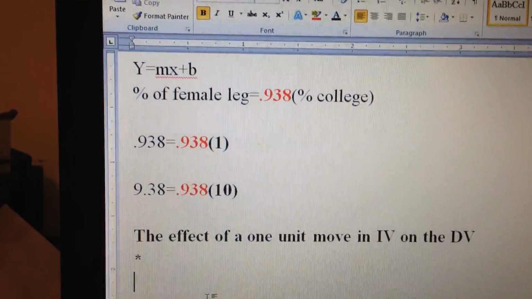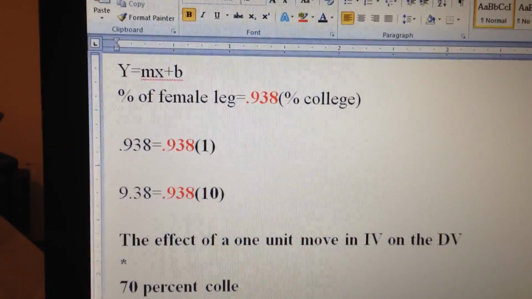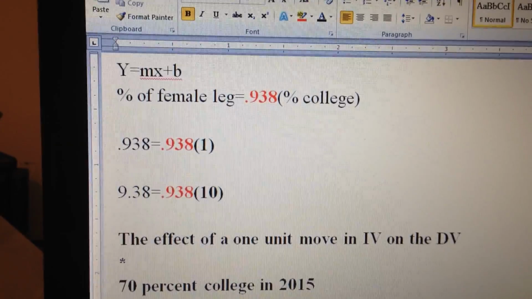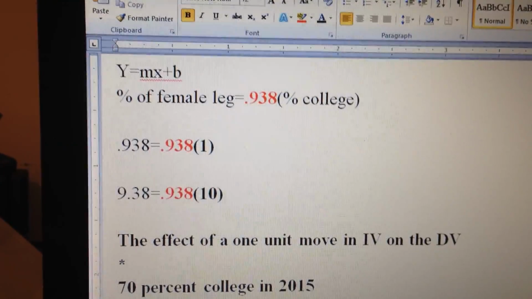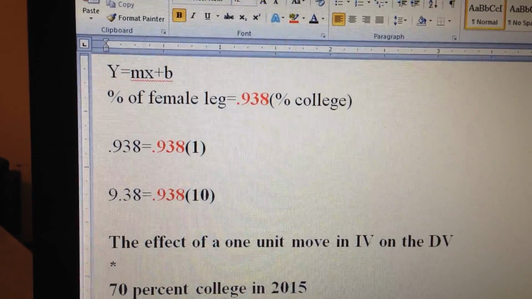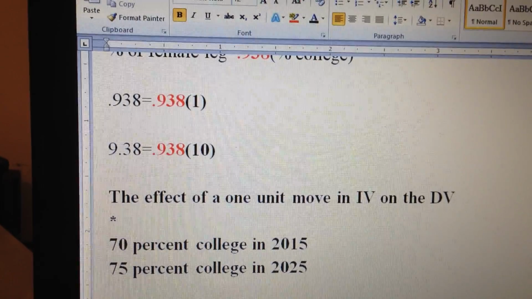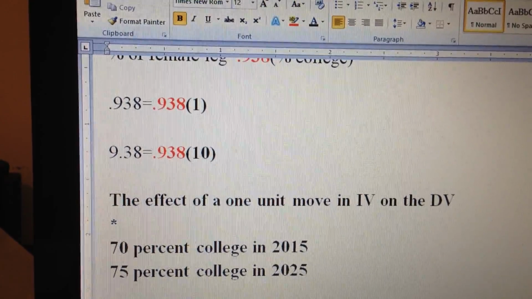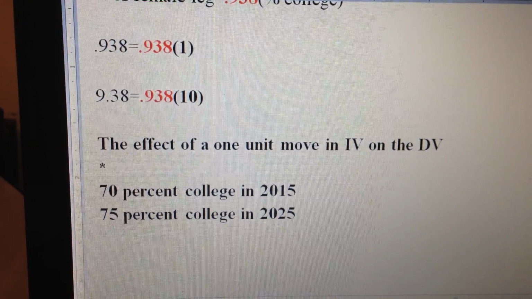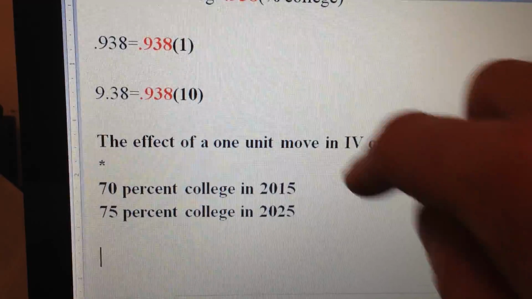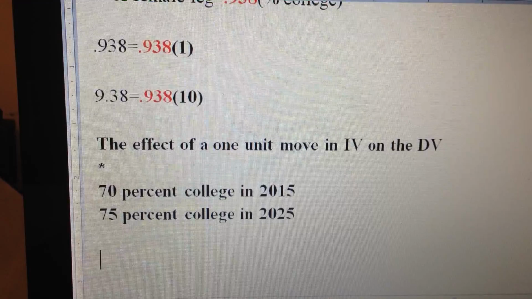So let's say Virginia goes from 70% college in 2015 to 75% college in 2025. We want to know what's the effect of that 5% jump in terms of what it's going to do to the number of female legislators we have.